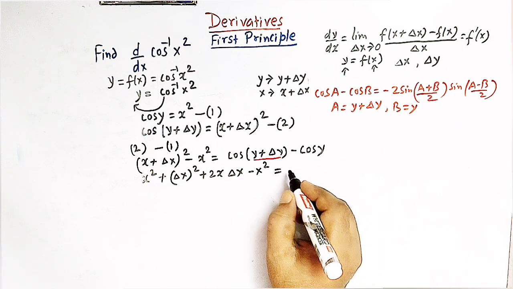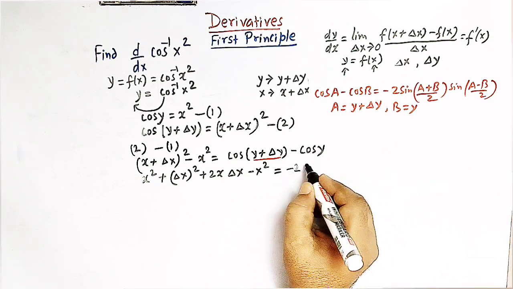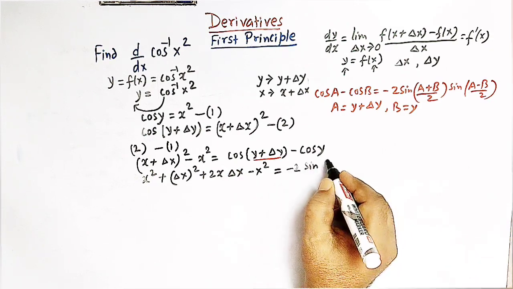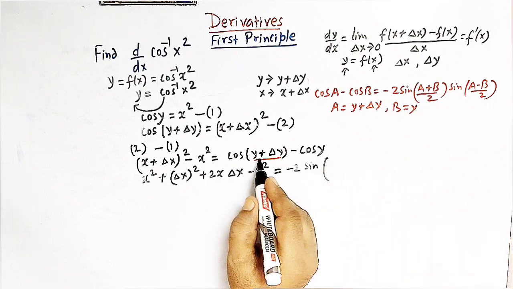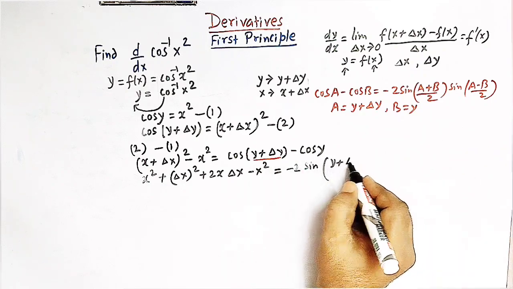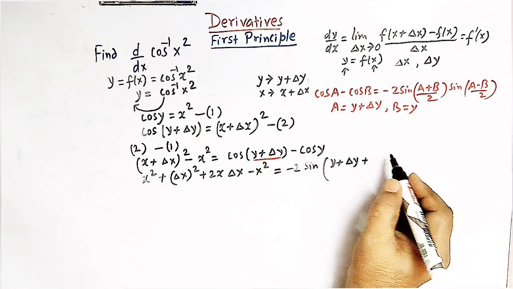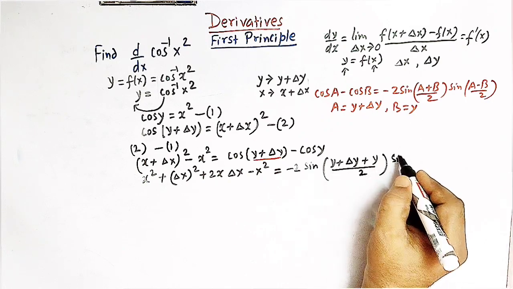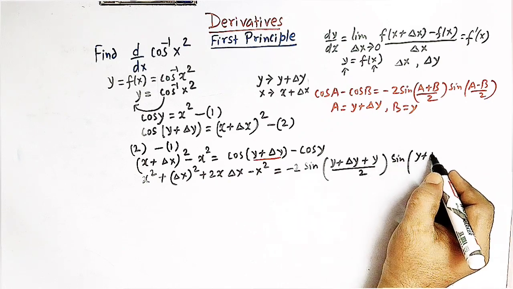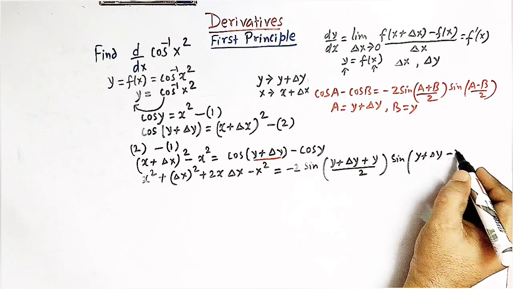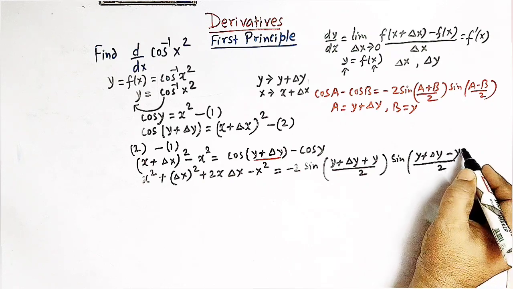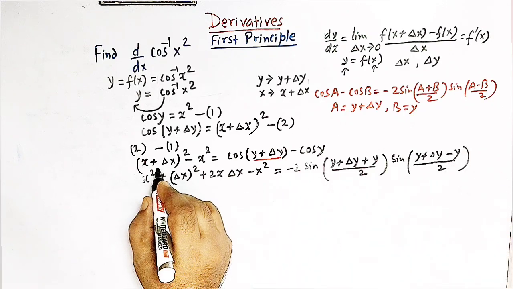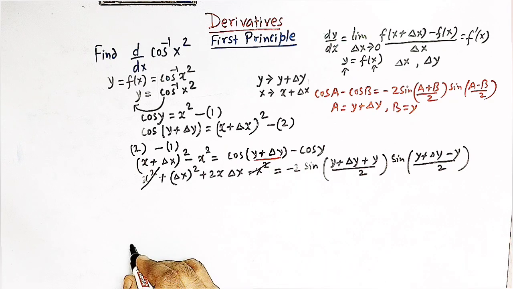So here we have minus 2 times sine of a plus b over 2. A is y plus delta y plus b is y, over 2, then we have sine y plus delta y minus y, over 2. So now here x square and x square get cancelled.